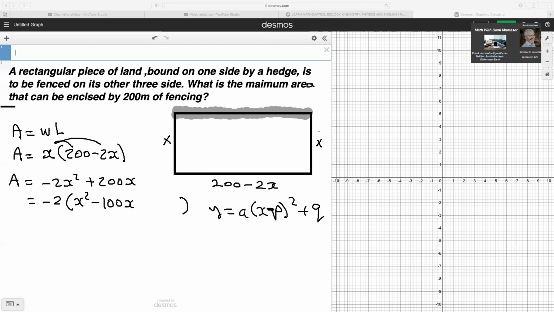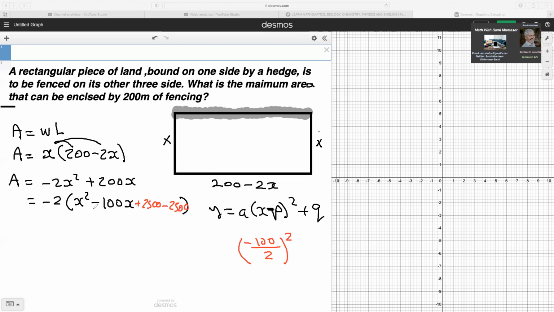We take the coefficient of x, the -100, divide by 2 and square it. So that's what we do every time we complete the square. -100 divided by 2 is -50, and 50 squared is 2500. So you plus 2500 and you minus 2500.